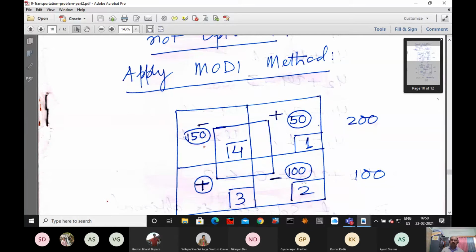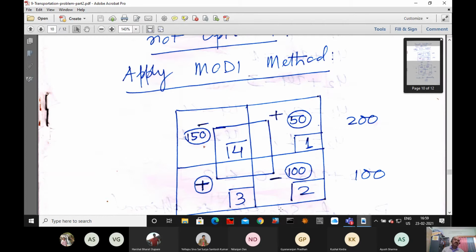We have to make a loop, drawing horizontal and vertical lines, and each end point must go through an occupied cell. So this is occupied, this is occupied, this is occupied, this is unoccupied. If it is entering, we make a loop in this manner. After making the loop, one element is 150, another is 50, another is 100.